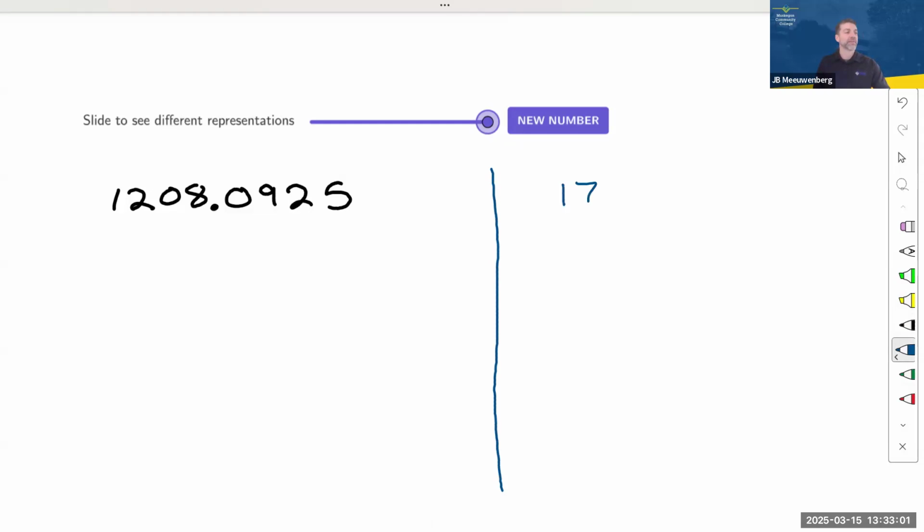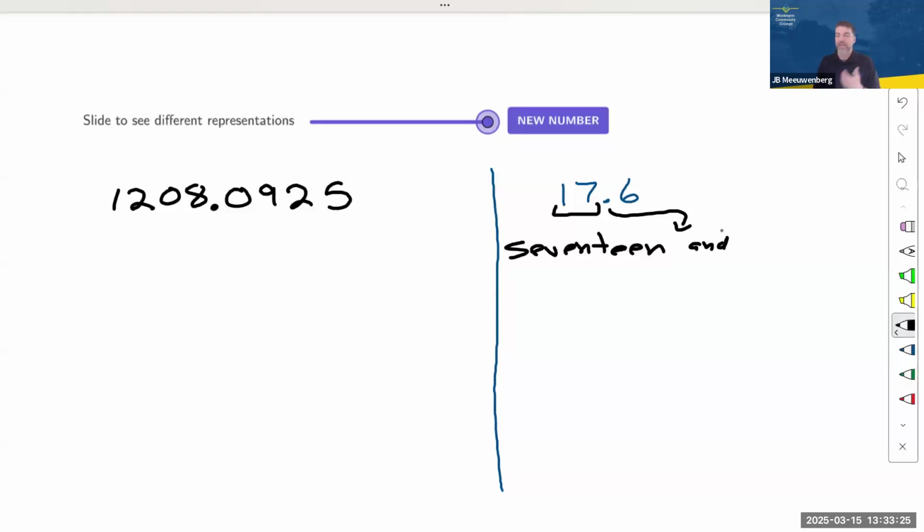I'm going to go 17.6. We're going to talk about how we would properly say that number. When you have a decimal number and you want to read it, you start by saying the number in front of the decimal point. You would read that just as it is. This is the number 17. The decimal point itself is read as the word and.